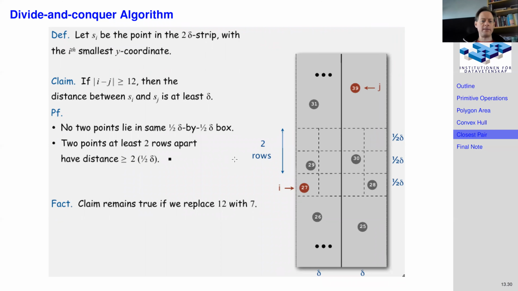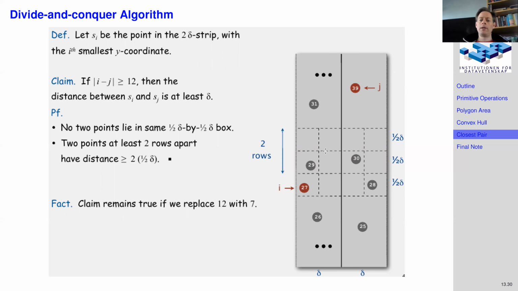And why this number 11? Well, it's because if we draw a diagram showing this, we can see that if we split up this area here into half delta by half delta squares, we know that this stripe is 4 squares wide, because it should be 1 delta on each side.